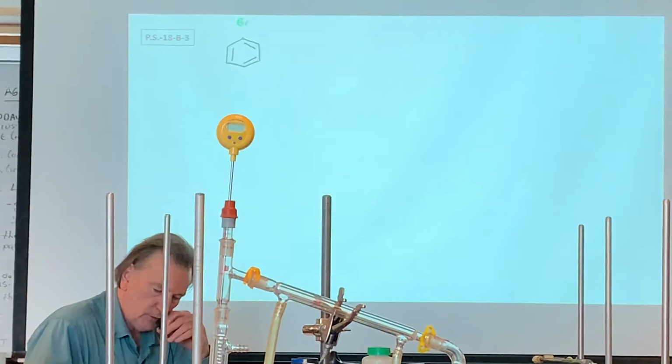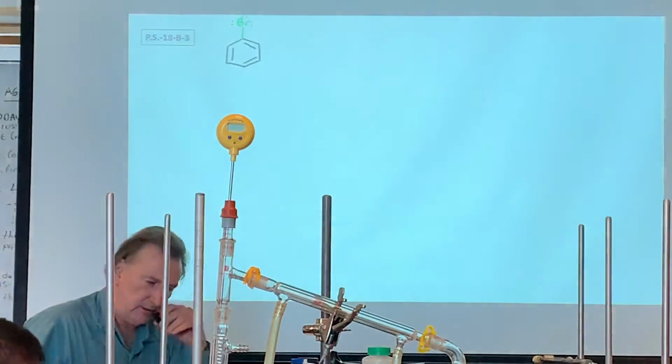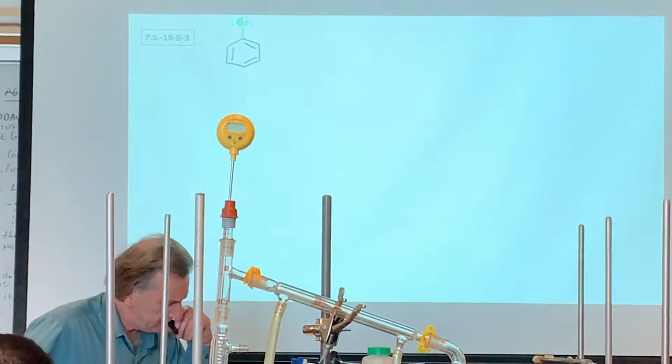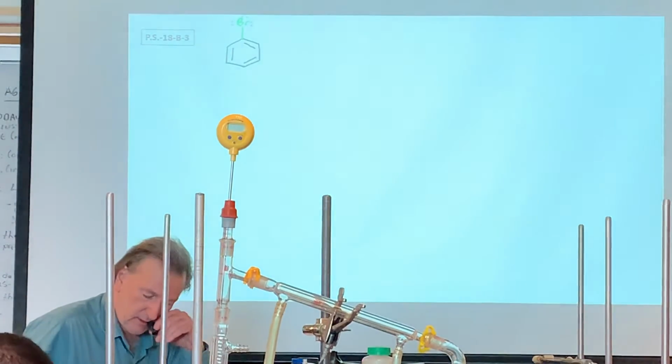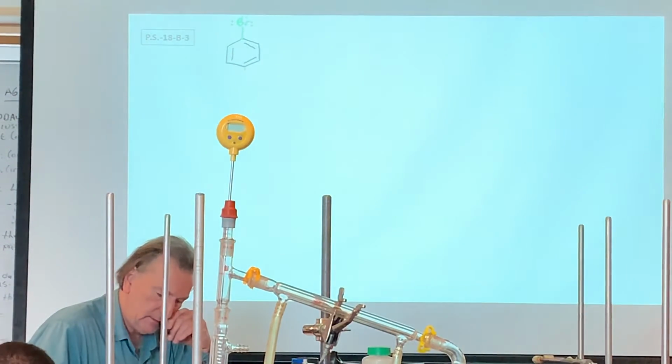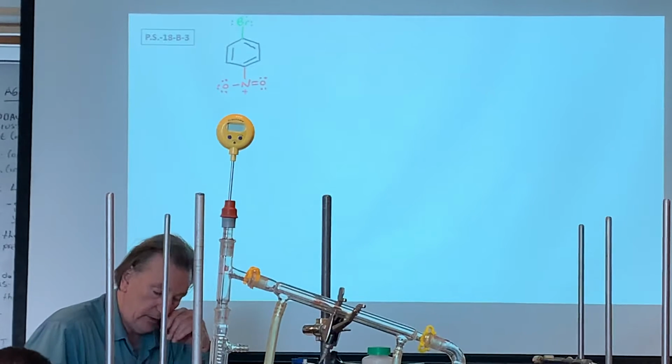So I'm going to use bromo here, and I'm making the bond green because we know that bromine likes to take the electrons with itself. And what else? We have a nitro group. Let's also mark this here. The nitro group, again writing it in full Lewis structure, but then we can always abbreviate it.